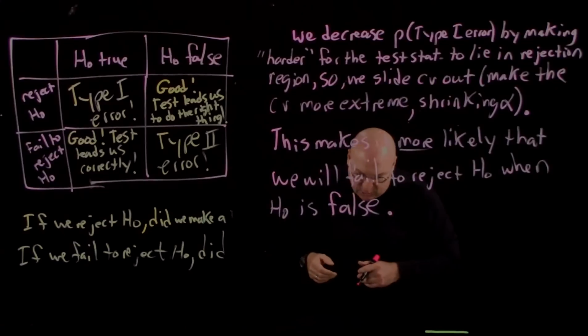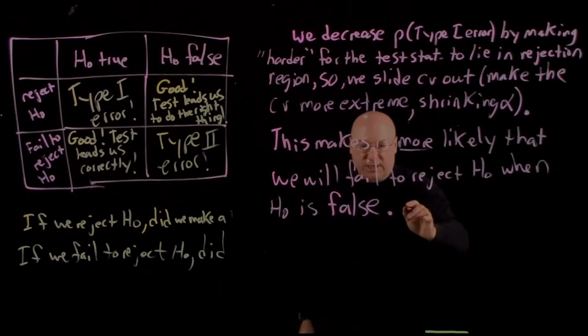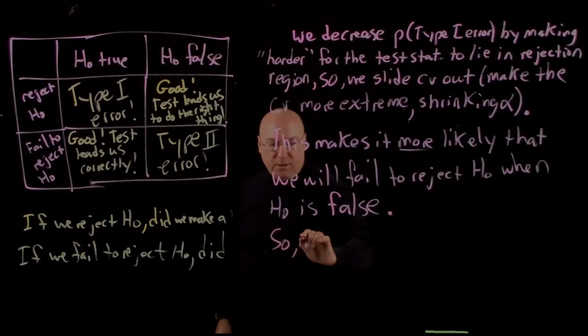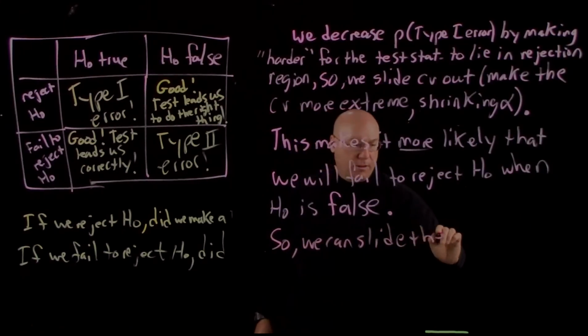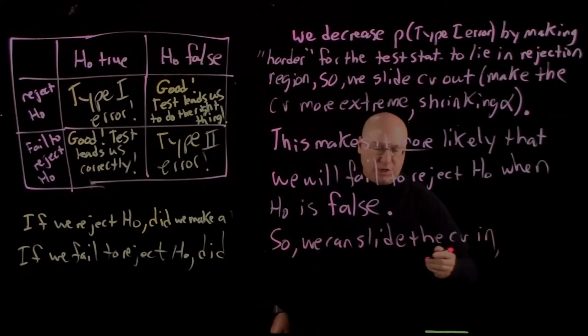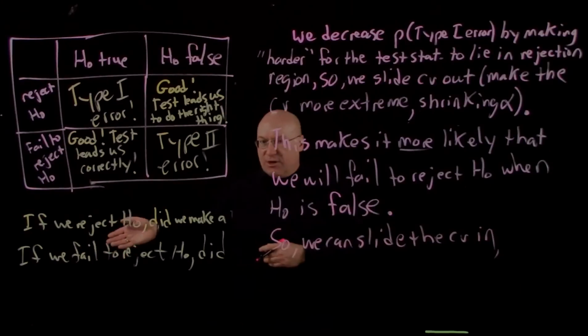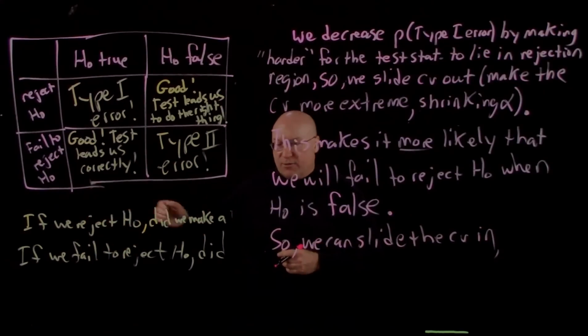All right, so if we slide the CV in, we can make the critical value less extreme. Then what happens? It's a lot easier for your test statistic to lie beyond the critical value.